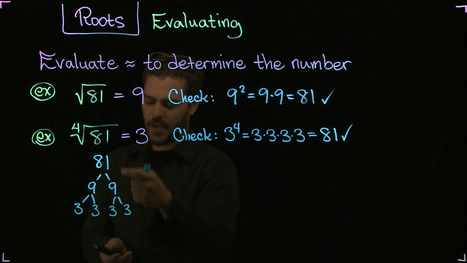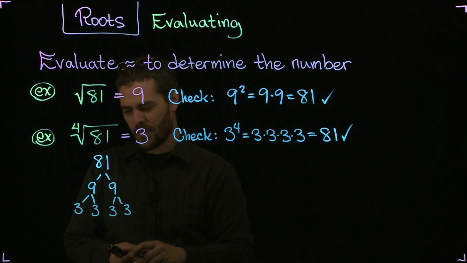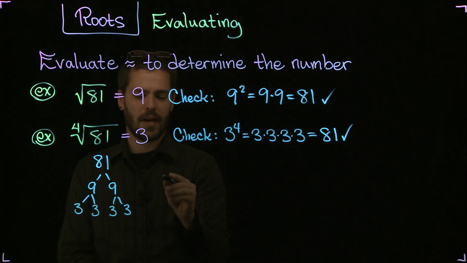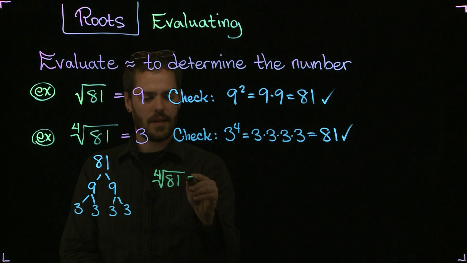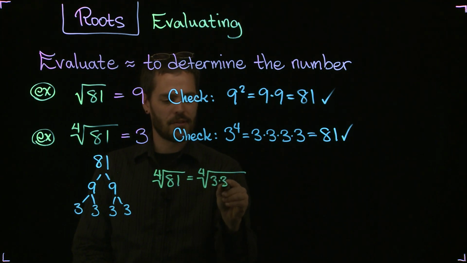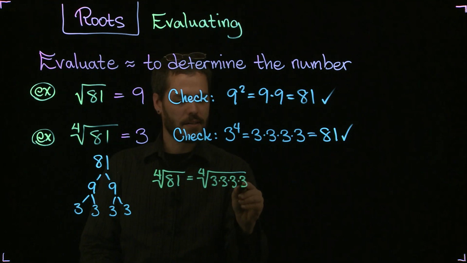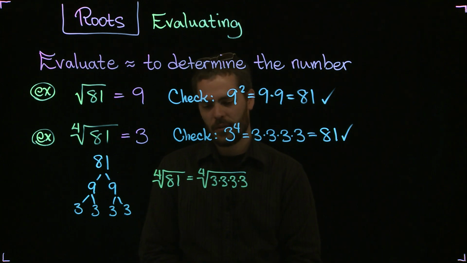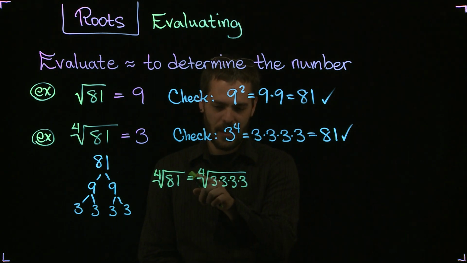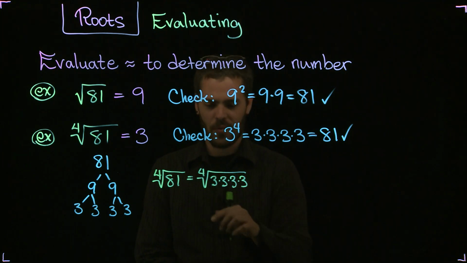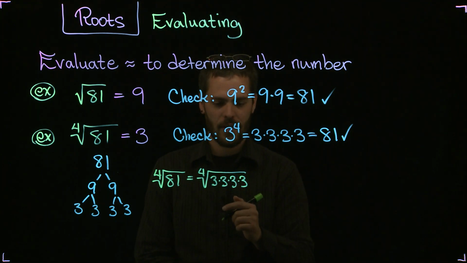And so 81 is the product of these prime factors, which means I could show that root, the 4th root of 81, as the 4th root of 3 times 3 times 3 times 3. And remember the question. The question was, what to the 4th power gives me this number inside? And we can see that it's 3 to the 4th power, so the solution must be 3.